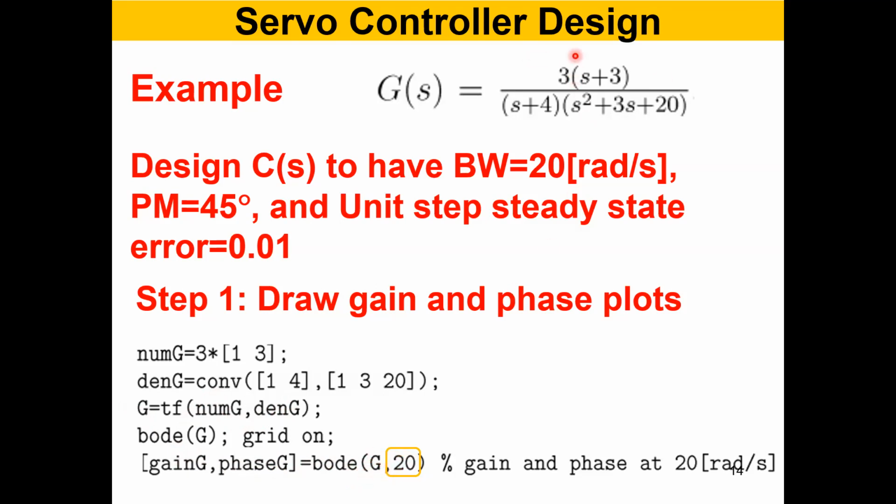G is the plant, and after the comma, 20, that is 20 radians per second. At 20 radians per second, which is the required bandwidth for the plant, what is the gain and phase? MATLAB will calculate it for you.